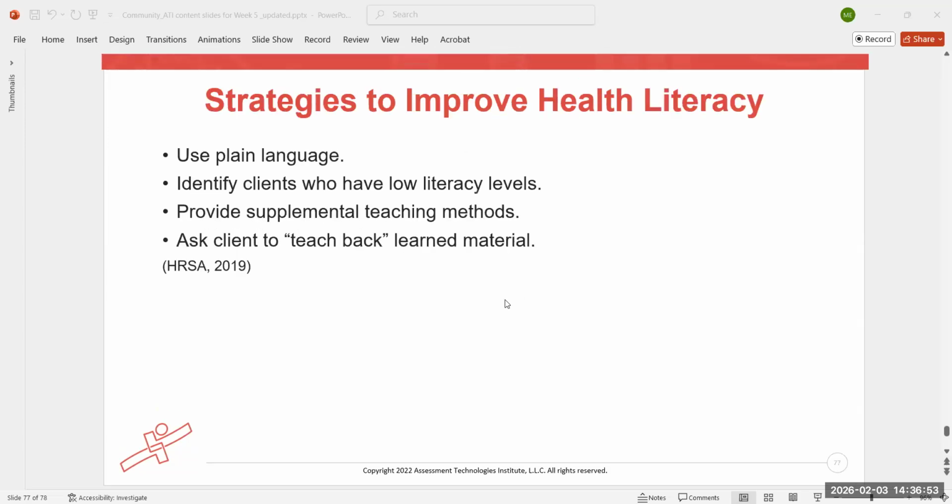So strategies, like I mentioned, use plain language, identify those clients who have the lower literacy levels, provide supplemental teaching methods, teach back. Give them a scenario of, okay, can you tell me when you wake up tomorrow morning, which medication are you going to take and how, right? Give them a scenario to describe to you to offer the opportunity for you to identify if there's an issue and intervene if needed.